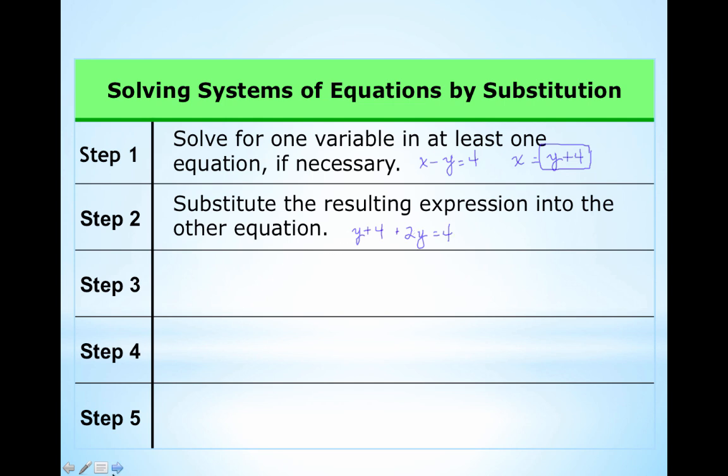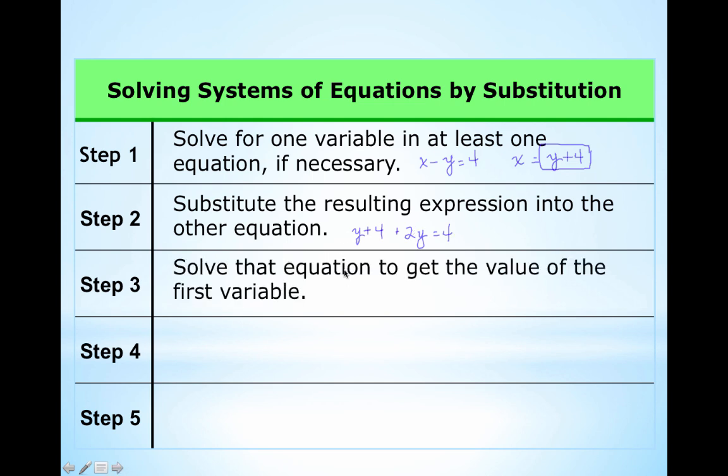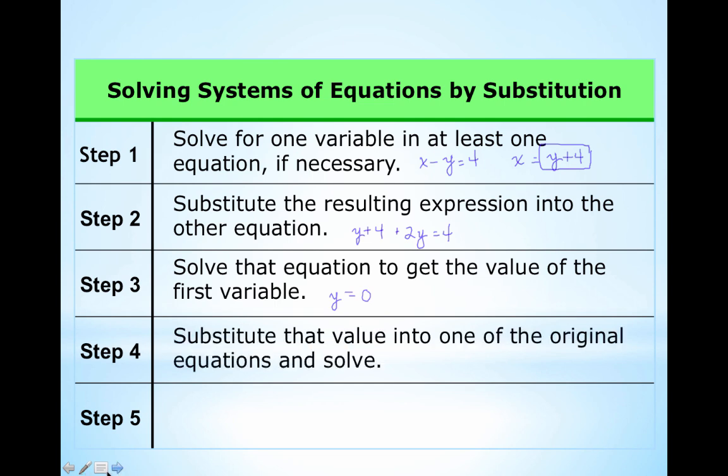Okay, then I'm going to solve the equation to get the value of that first variable. So I found out here that y equals 0. Then I substituted that value back into one of the original equations, and I substituted it into that first one.